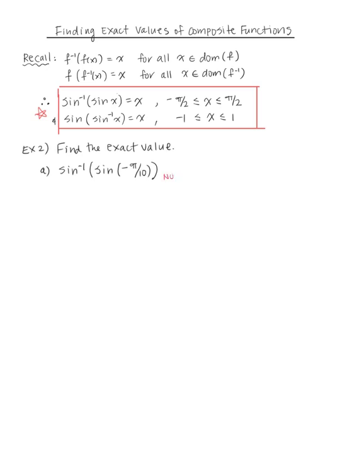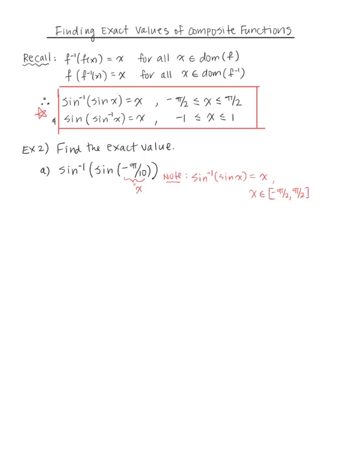So first note that sine inverse of sine of x equals x if x is between negative pi over 2 to pi over 2. Negative pi over 10 is playing the role of our x. Now, is negative pi over 10 inside of negative pi over 2 to pi over 2?